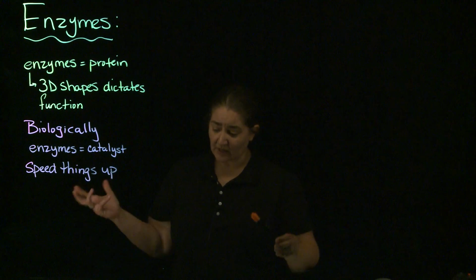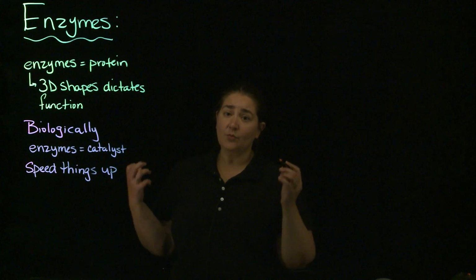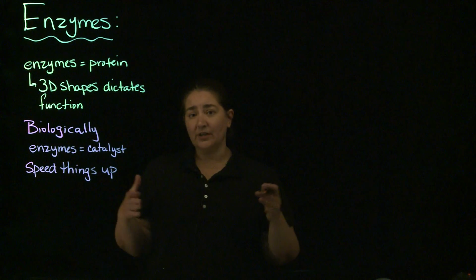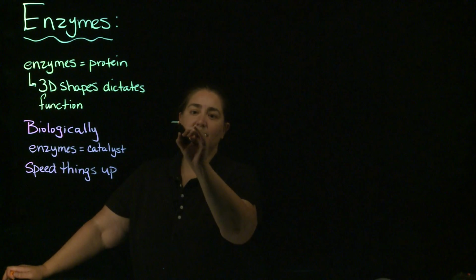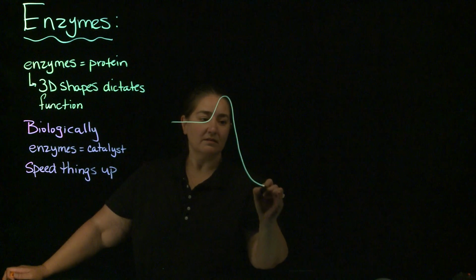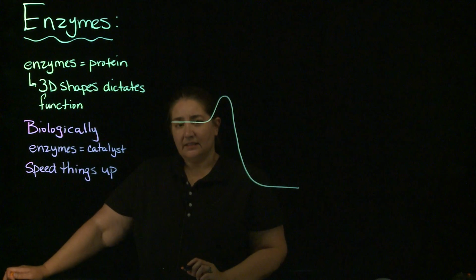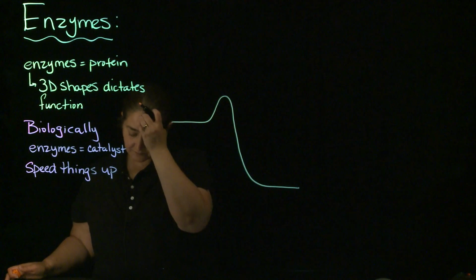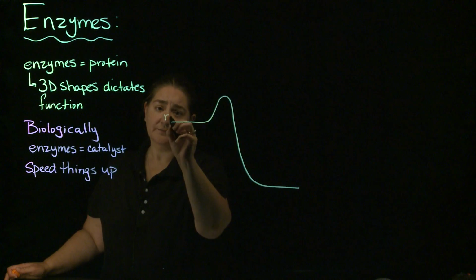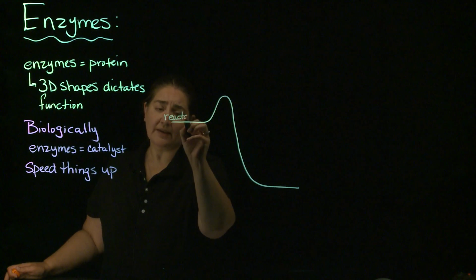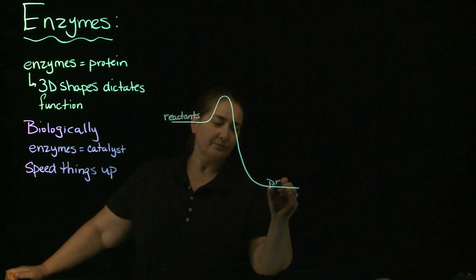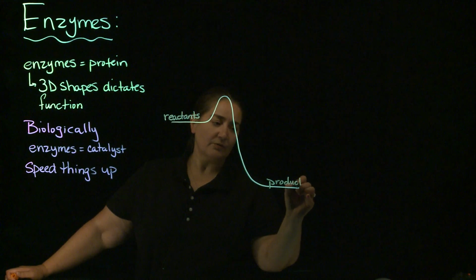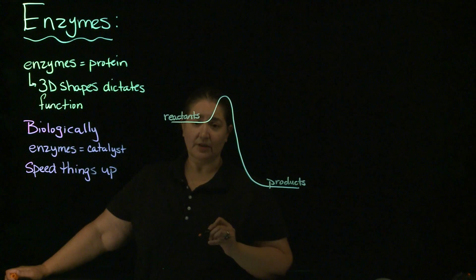And in terms of enzymes, the way they do that, and the way your book kind of diagrams it and explains it, is a little like this, okay? We've got over here our reactants. Down here, we've got our products, all right?